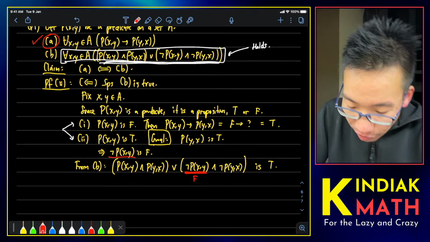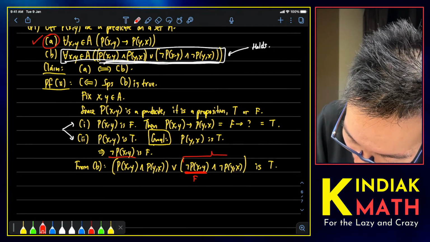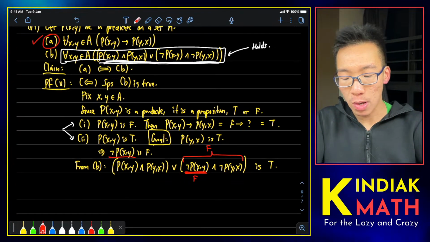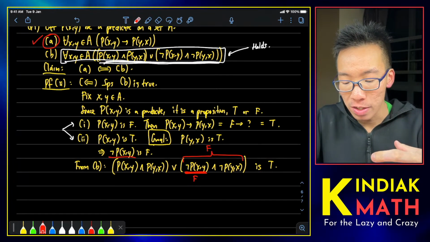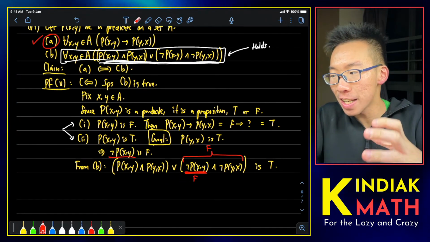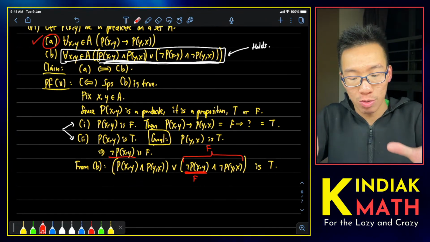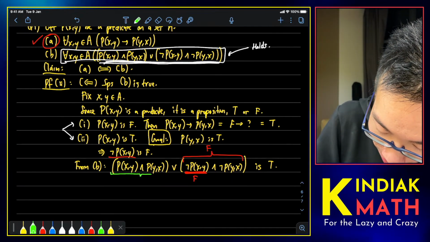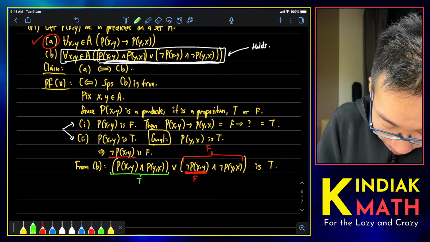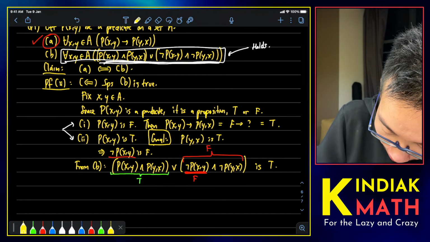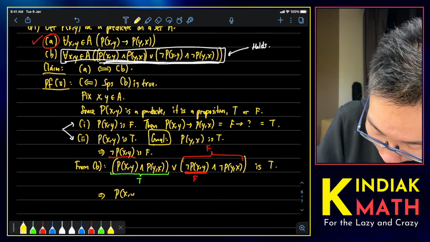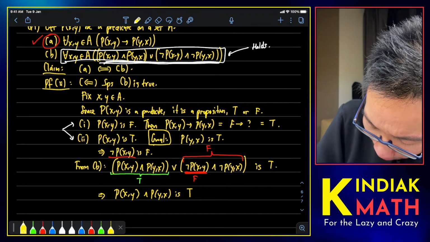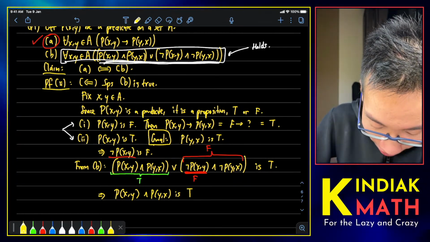But if this guy is false, then this entire expression is false. So how can we get the expression to be false and yet the whole disjunction is still true? The only result we can get is that this guy has to be true. In other words, Pxy and Pyx is true. And I think you can argue this is the case.